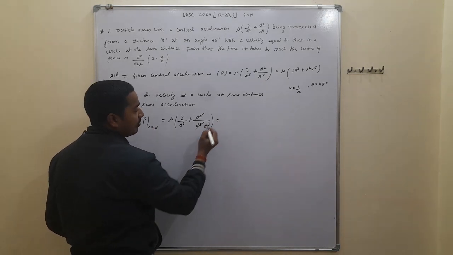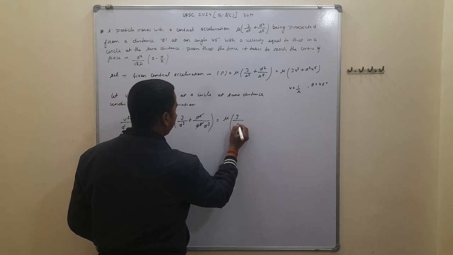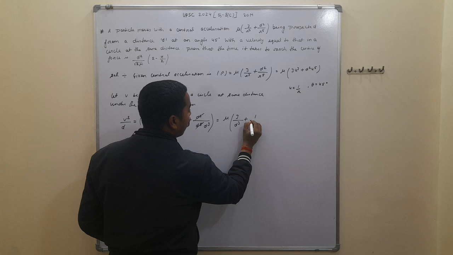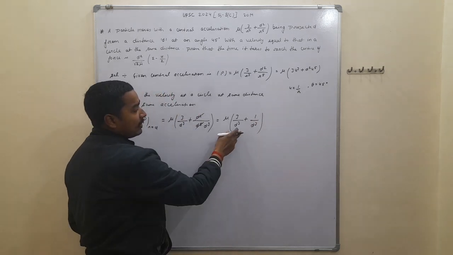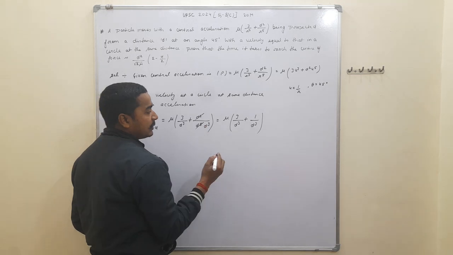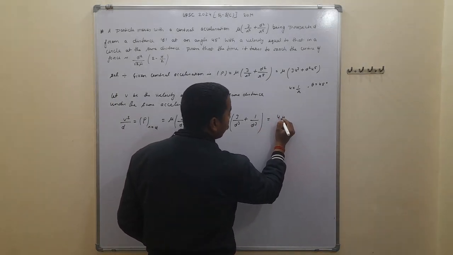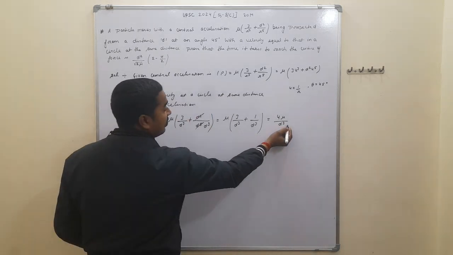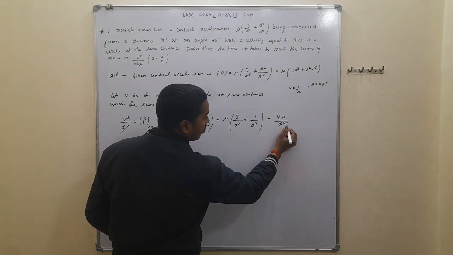Further we have to solve: mu times of 3 upon d cube plus 1 upon d cube. Taking LCM, d cube is the LCM and 3 plus 1 is 4. So we get 4 mu upon d cube, and from here d cube to d is cancelled out and the remaining is d square.